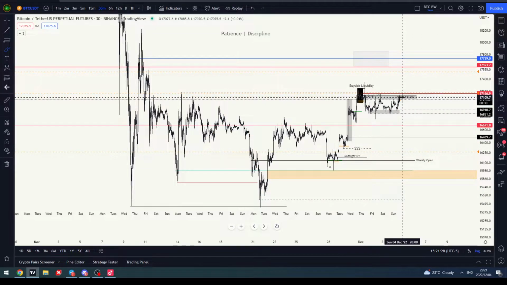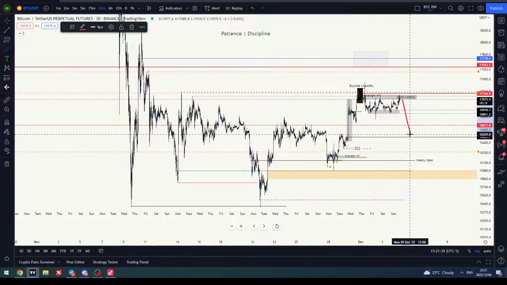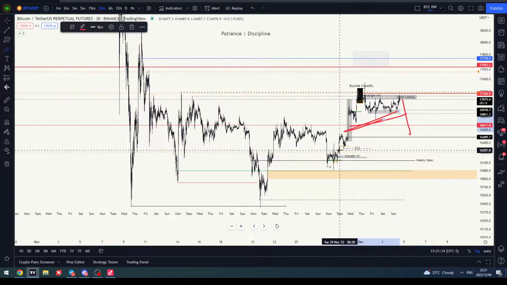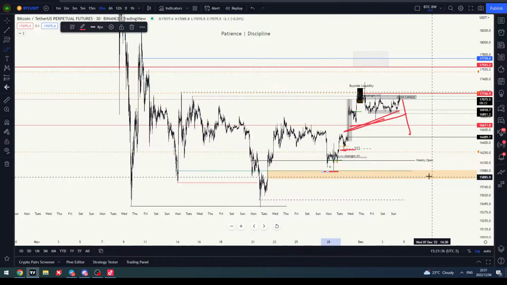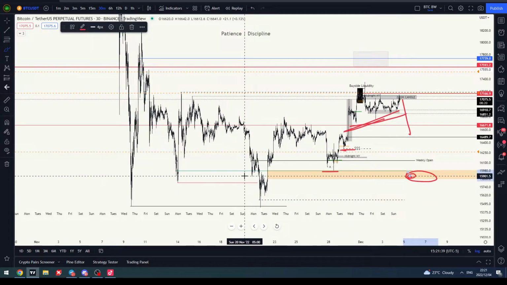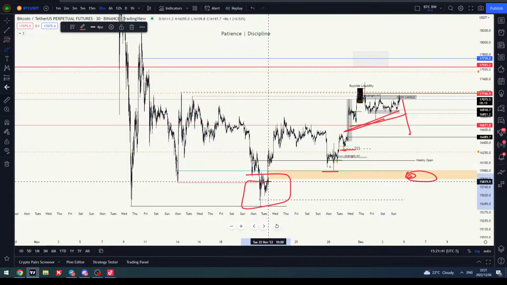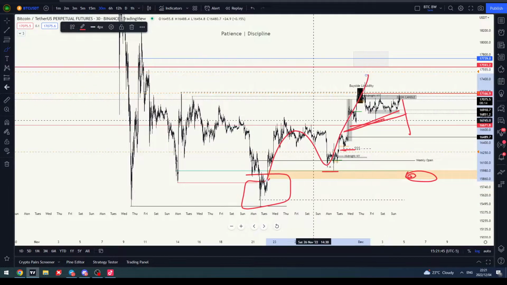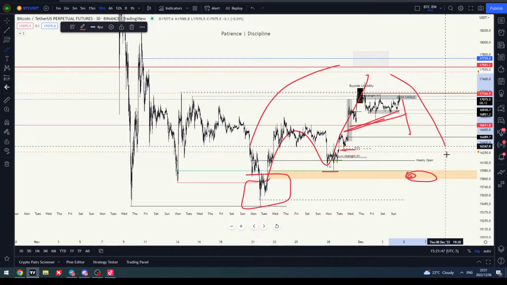So if we start to break down here, this would be the first port of call, taking all the liquidity generated here. There's liquidity underneath here, and this would be our pause at the start of the move. So we had some sort of buy model here, buy side of the curve, and now we move into sell side of the curve and we carry on.